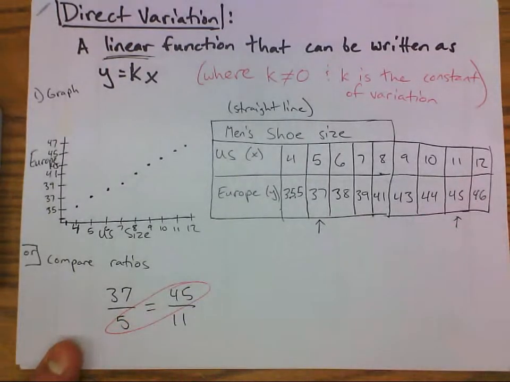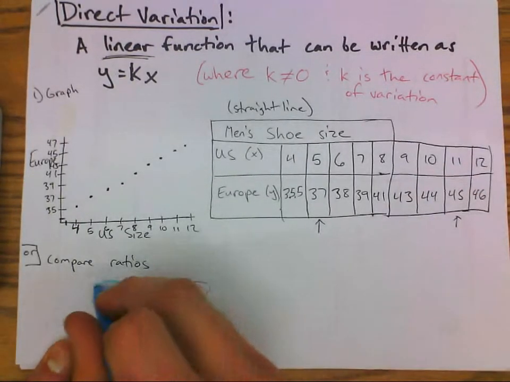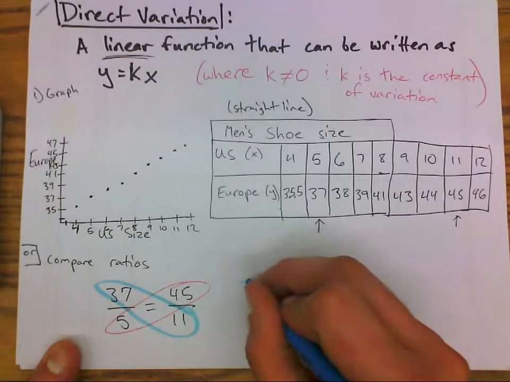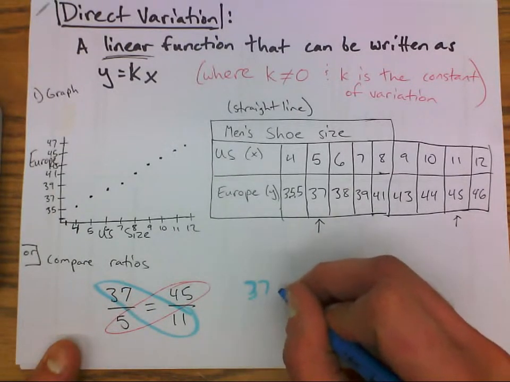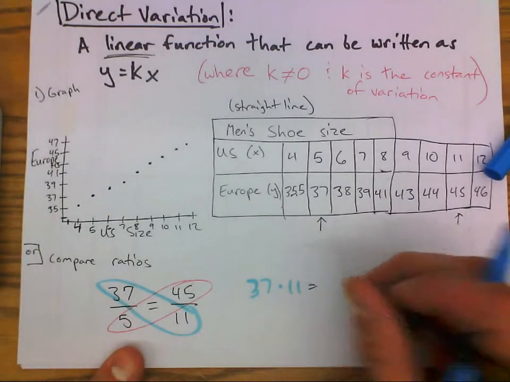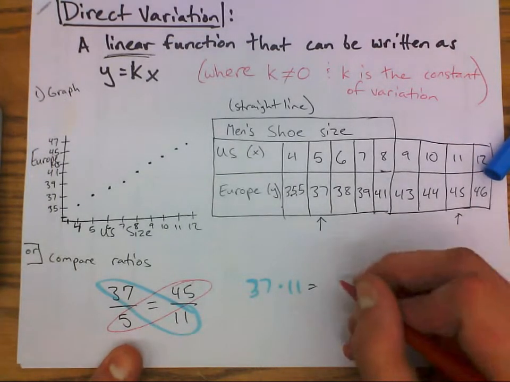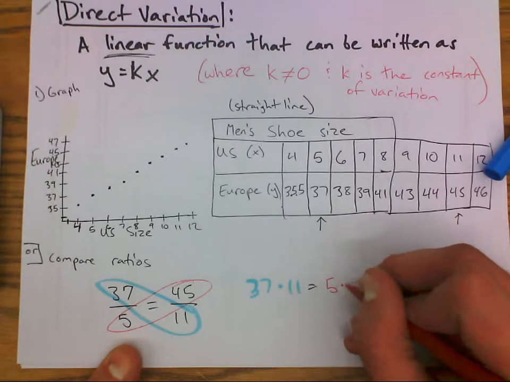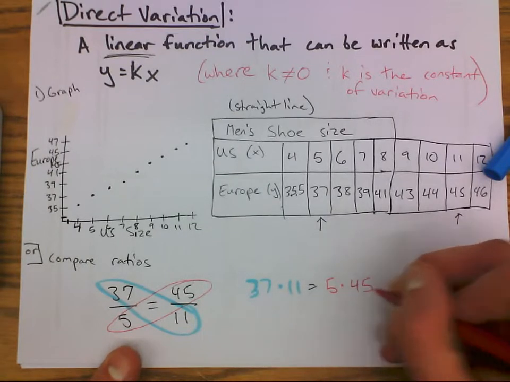Let's do some cross products here. 37 times 11 is equal to 5 times 45.